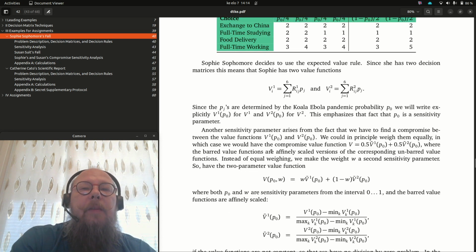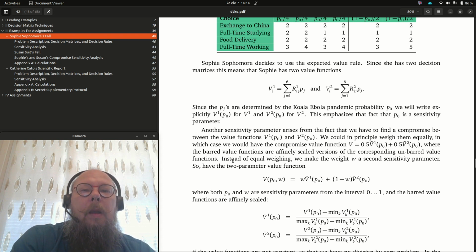Then another sensitivity parameter arises from the fact that we have to find a compromise between the two value functions v1 and v2. And of course we could weigh them equally, in which case the compromise value function would be v with 0.5, and this bar here, v bar of p0, means that whenever we combine value functions, they have to be on the same scale. So v bar 1 is a scaled version of v1 and v bar 2 is a scaled version of v2.